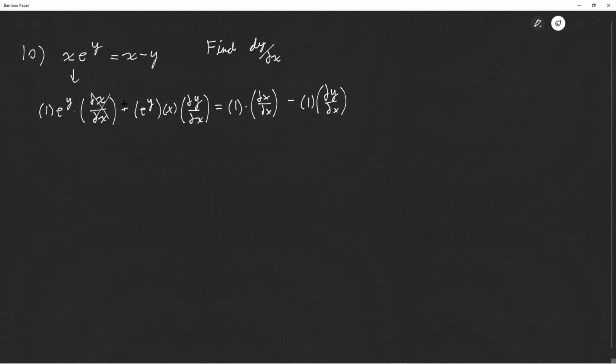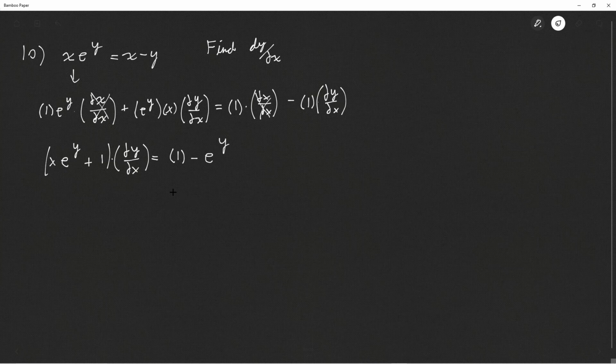So now, again, we just cancel our dx over dx and bring everything to one side. So to keep this easy, we're going to bring our dy over dx to the left side this time. So this will then become (x e to the y plus 1), all multiplied by dy over dx is equal to 1 minus e to the y.